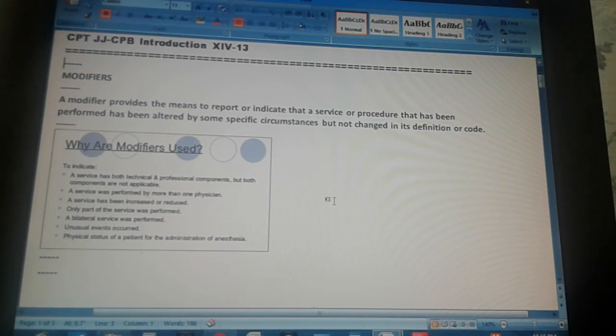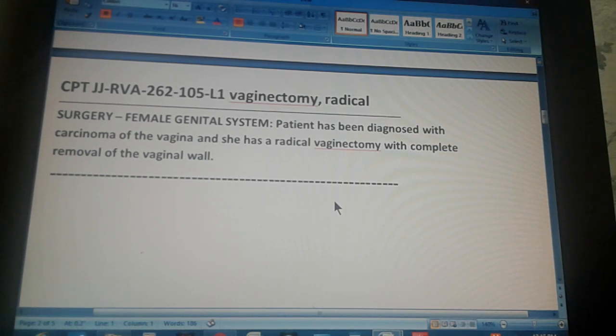Now we're going to do a problem. Ready, set, go. Okay, CPT JJ RVA 262-105, page 105, and this is a level 1 exercise, and it's a vaginectomy radical, which means it's the excision or the taking out of the vagina, radical. I'm sorry, you must read the title. Right. What is it? Vaginectomy radical. And the text is?